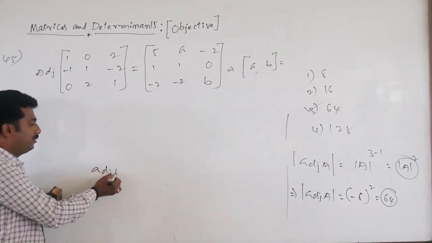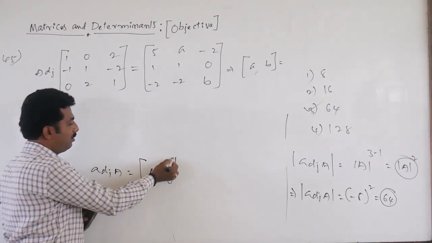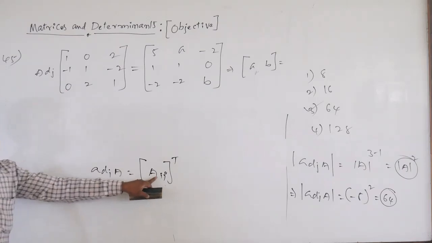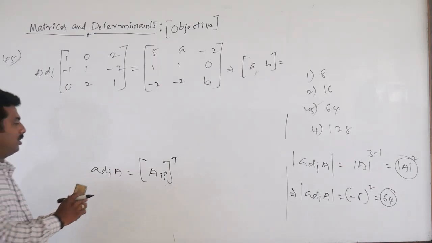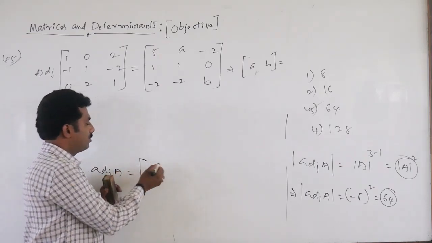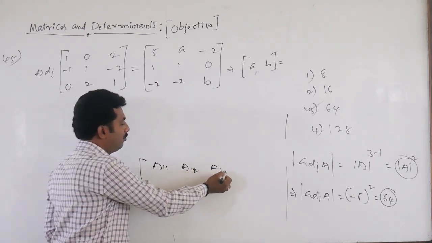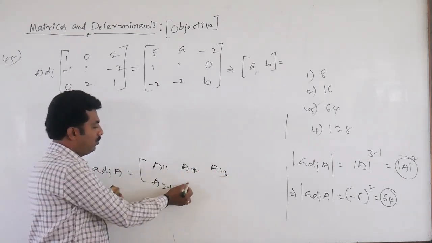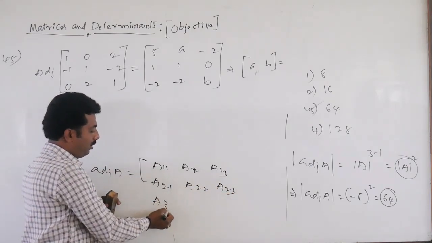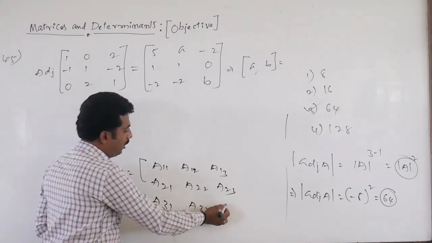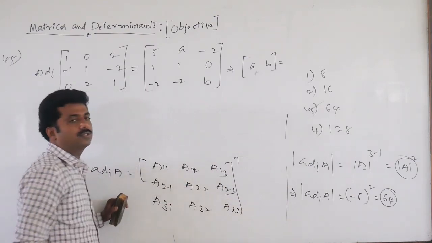It is the transpose of the cofactors of the elements of capital A. One simple example: suppose this is A11, A12, A13, A21, A22, A23, A31, A32, A33, whole transpose.